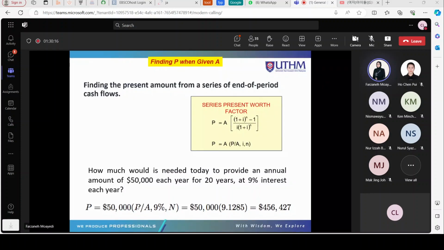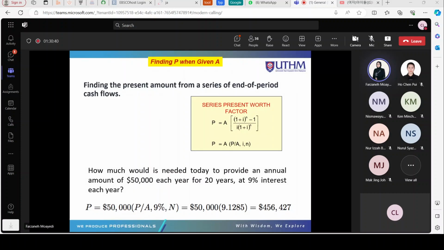P, you want to know the present sum of a uniform series, or A value, that you have. So you want to know the present sum of 50,000 for the duration of 20 years with the interest of 9%.